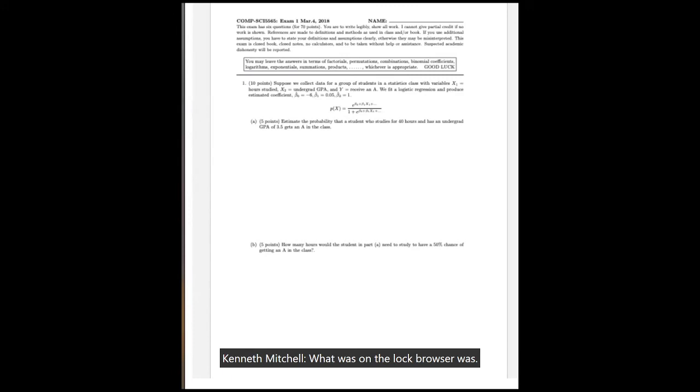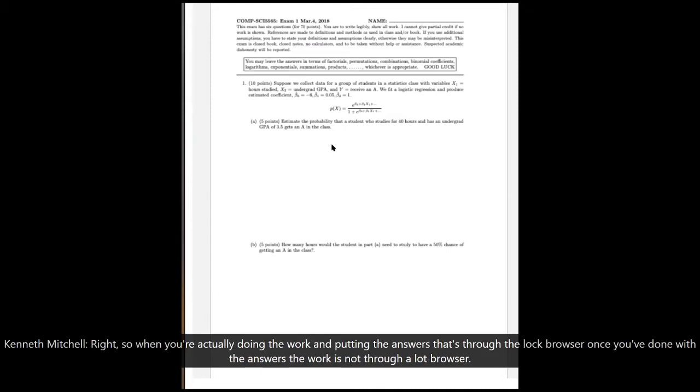What was on the locked browser was the initial thing where you're putting in the answers. So when you're actually doing the work and putting in the answers, that's through the locked browser. Once you're done with the answers, the work is not through a locked browser.